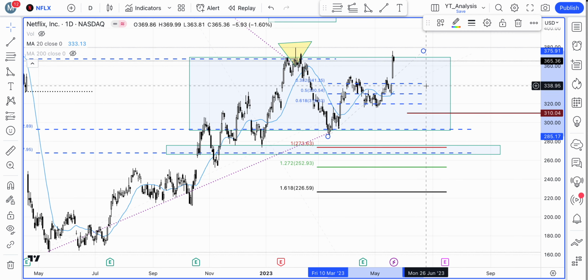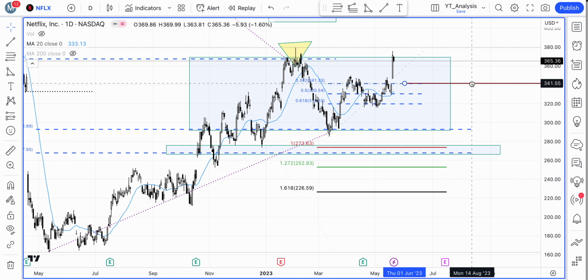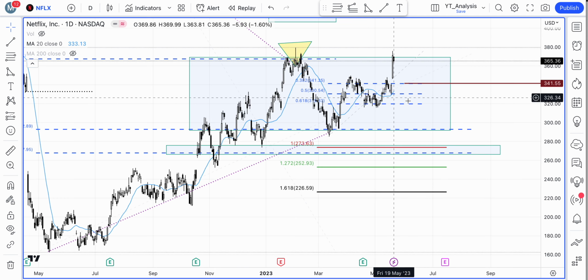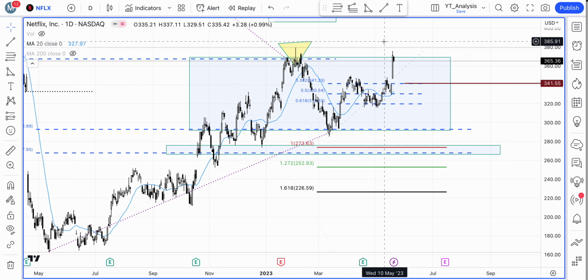So what we see is a bit of a gap around here, and this 38.2% Fibonacci retracement comes around the $342 per share level, so roughly we can say $341 per share. So that is going to be the first indication that maybe this might have been a pretty strong level because of the structural resistance on the left hand side, and in fact this might be a double top of some sort.